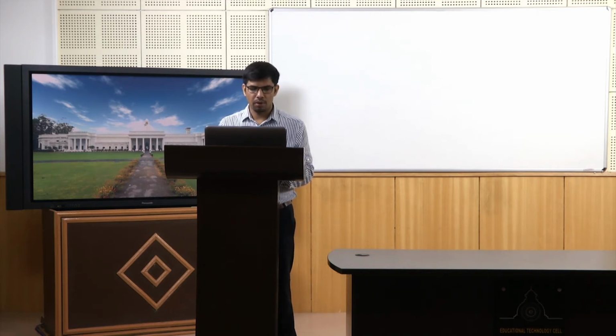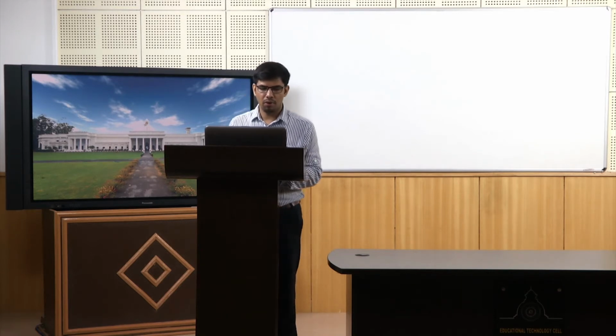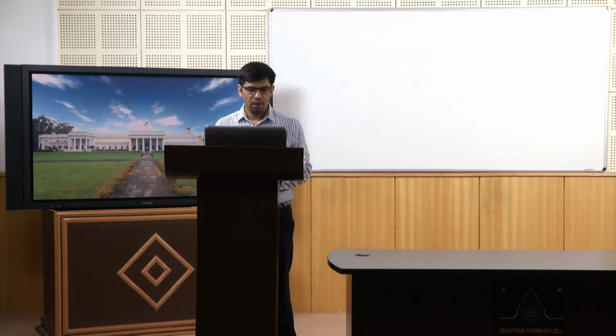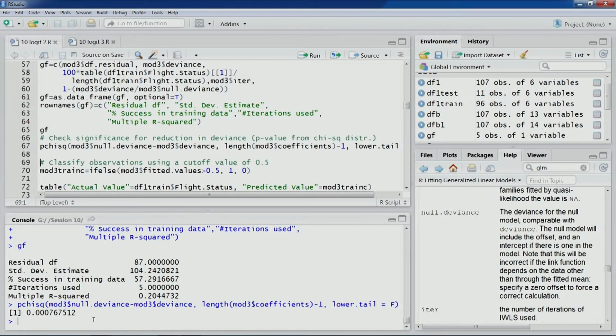That information can be used to perform the chi-square test and find out whether the reduction has been significant or not. The third argument is lower tail, which is specified as false, and we can compute this chi-square value. We can see that this is a small value, so it seems that this reduction in deviance is significant, which is also clear from the difference between the deviance and null deviance values.